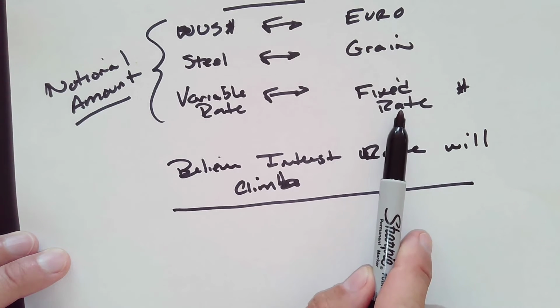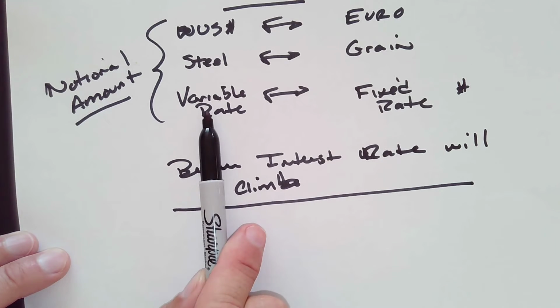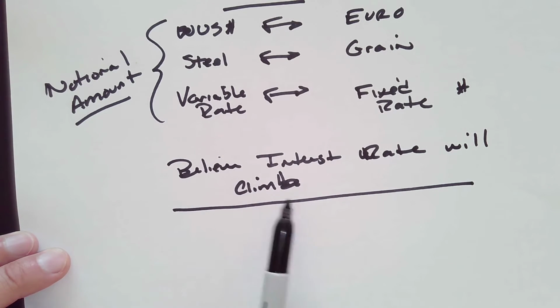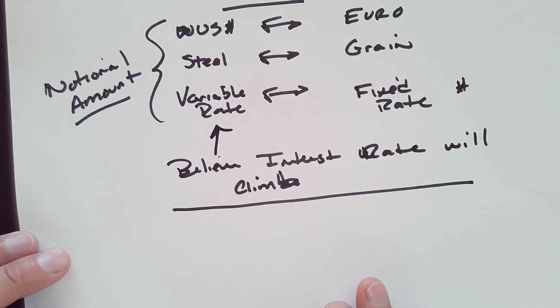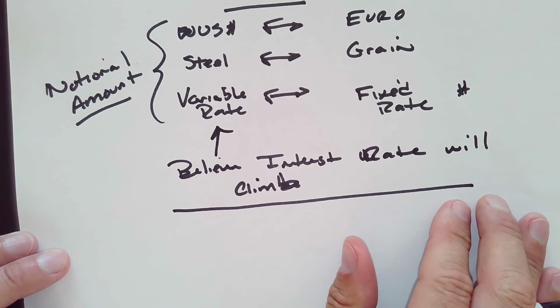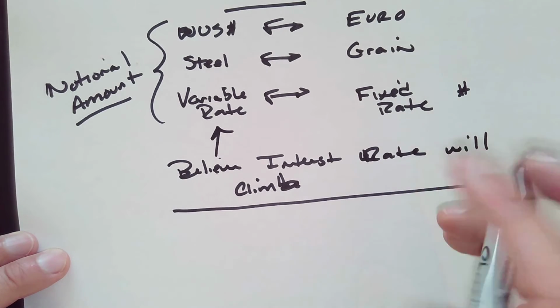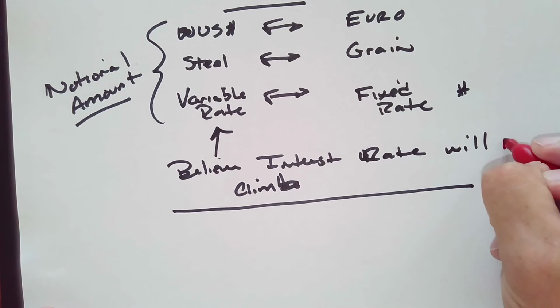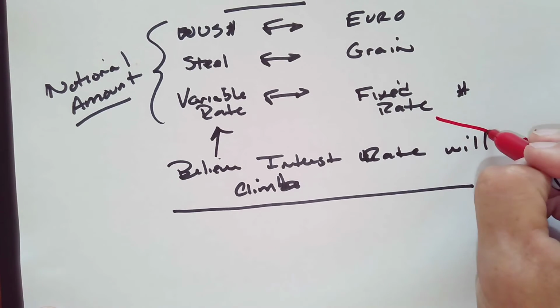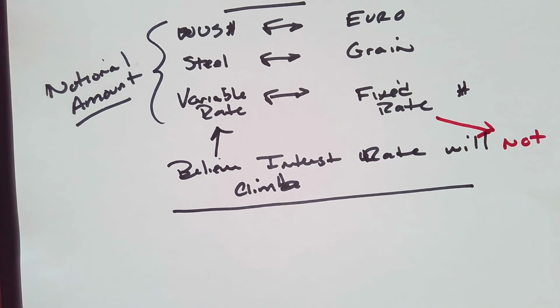Well, why would somebody who's got a fixed rate want to switch to a variable rate? Because they believe the opposite. Whereas the variable rate holder believes interest rates will climb, the fixed rate holder believes interest rates will not climb.